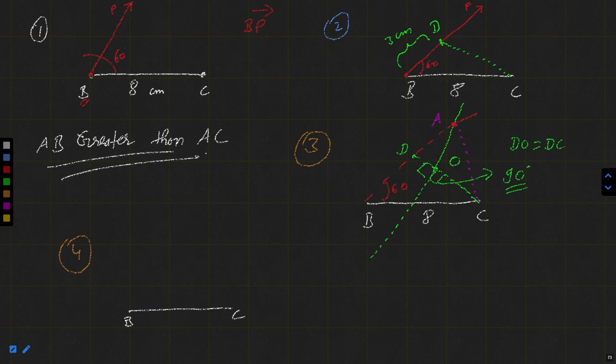Let's see. Okay, let me redraw it so that you can easily understand every step. So that was our D, this is our 90-degree.